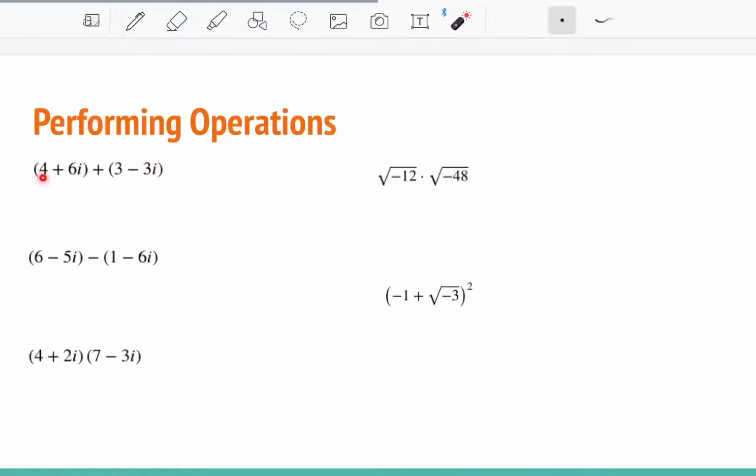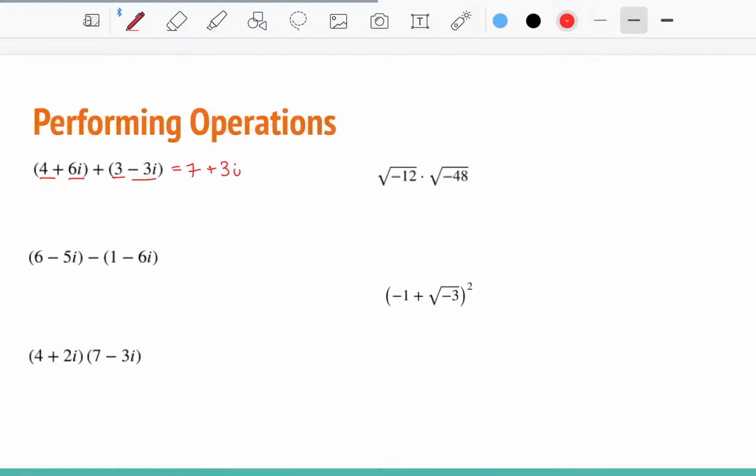But just like with any other set, if this was 6x or 3x, I would go ahead and combine like terms. So I see 4 and 3, those are like terms, so I can add them and I'll get 7. And I can add my 6i and my -3i, and I'll get positive 3i. That is my final answer, and that's in the form a plus bi.